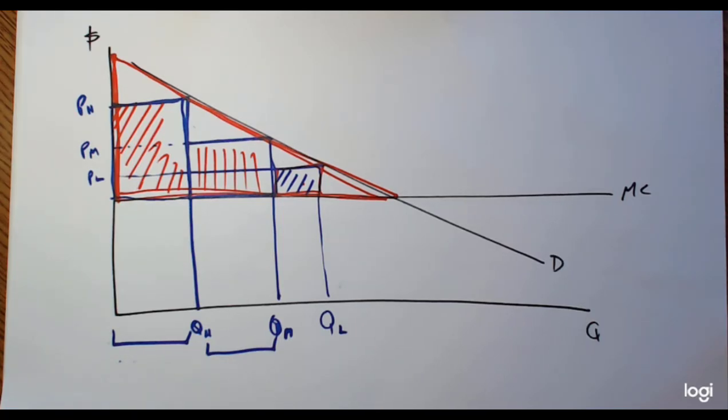So the type of segmentation that you see out in the market is, for example, volume discounts. Well, with a volume discount, you're willing to buy a lot of goods and you have a lower price on it. You may have a lower willingness to pay, but you're buying high volume. Early bird specials, for example. So dinners maybe go from 4 to 6 o'clock. That's trying to get people into the business early.